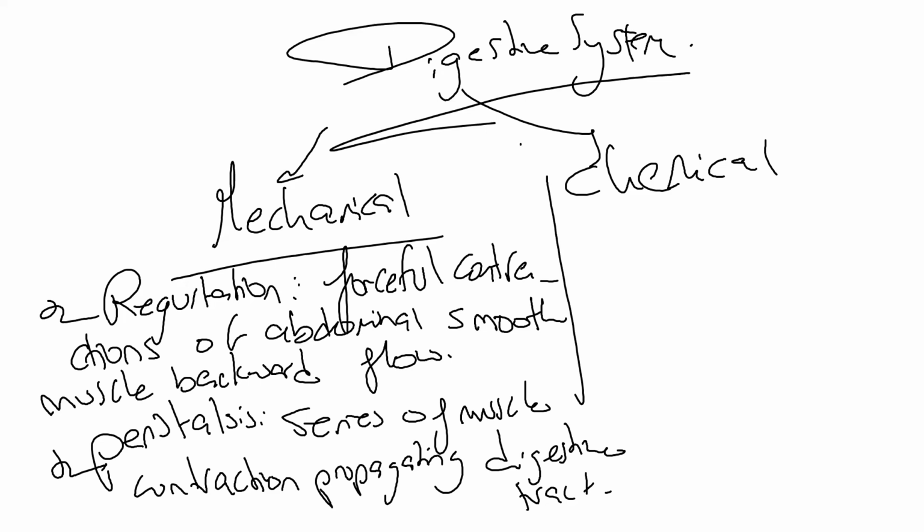It makes a very high mechanical movement by churning, and this churning will lead to a high regurgitation and a high peristalsis. Who makes this peristalsis? Which kind of muscle? The smooth muscle. Okay.